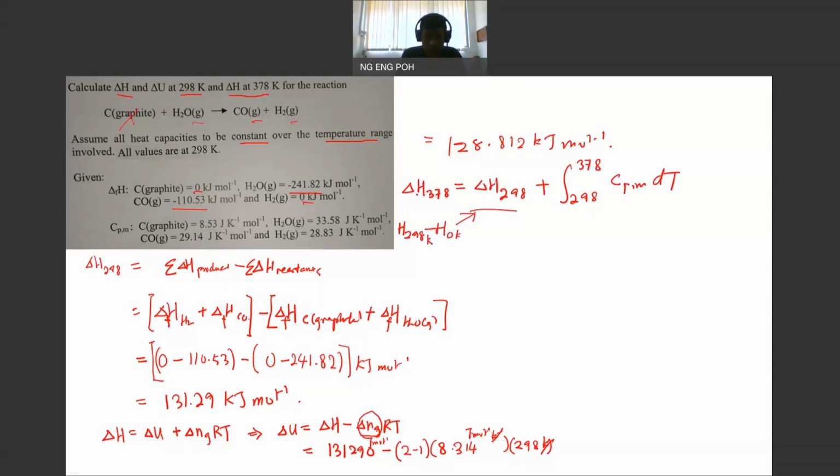And delta H 378 means H at 378 Kelvin minus H at 0 Kelvin. So you can write it like this, and then you can get the delta H at 378 Kelvin.